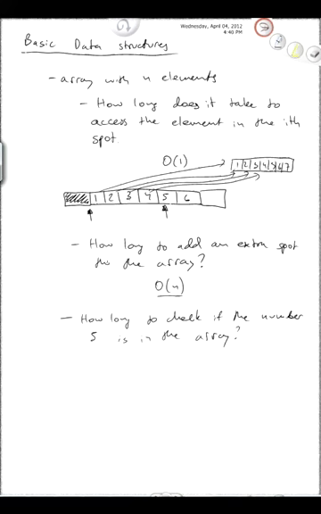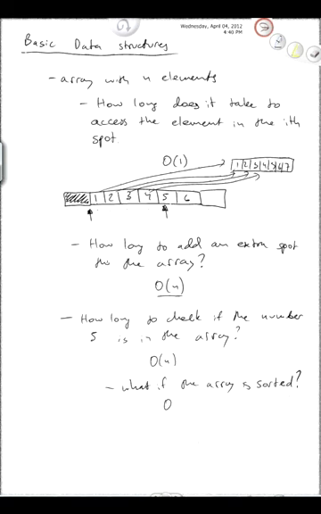To check if 5 is in the array, essentially you just have to go through the whole array looking in every box to see if 5 is in that box. So that's why this takes O of n time. But let me throw a small twist on that, which is what if the array is sorted? Then how quickly can I check if 5 is in the array?